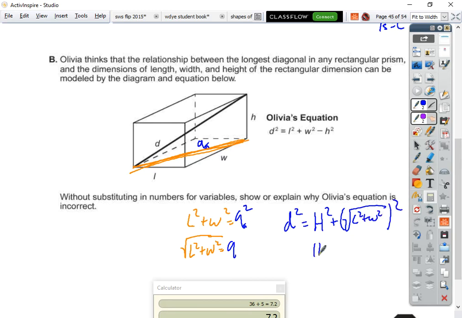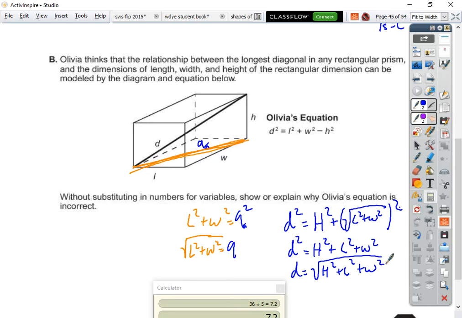So that would give us H squared plus L squared plus W squared is equal to D squared. So we end up with D is equal to the square root of H squared plus L squared plus W squared.